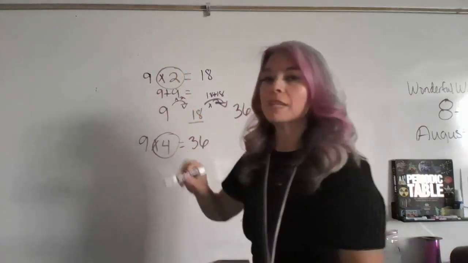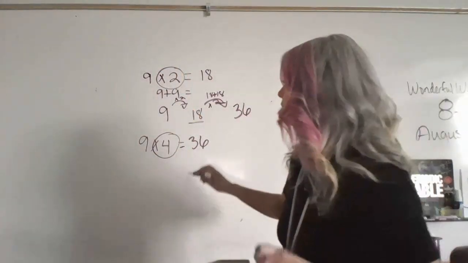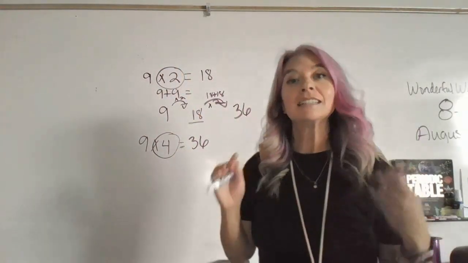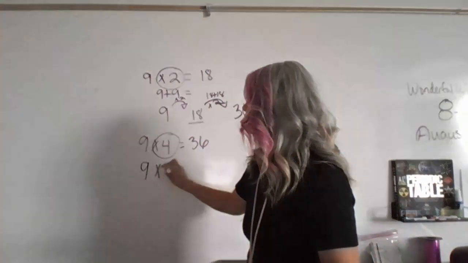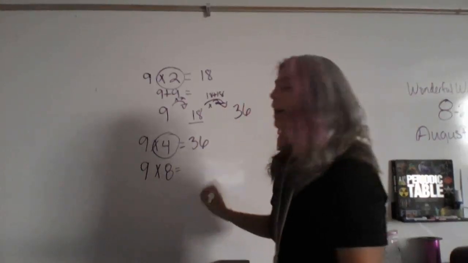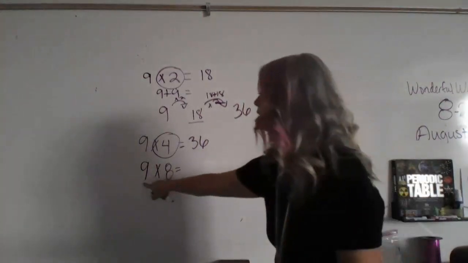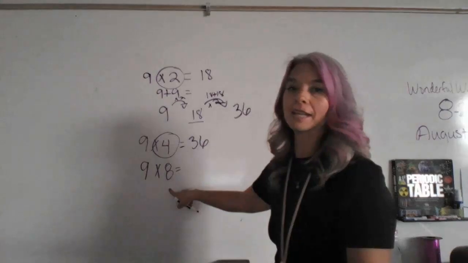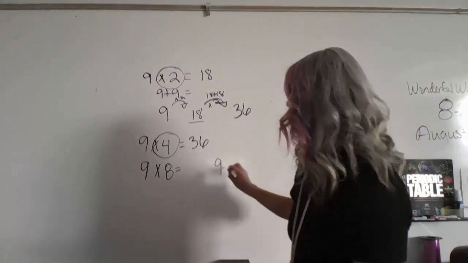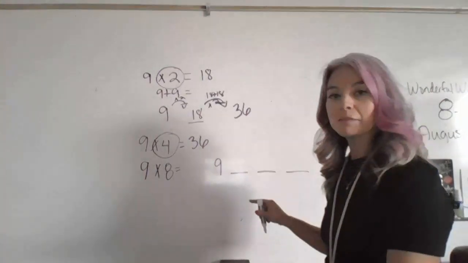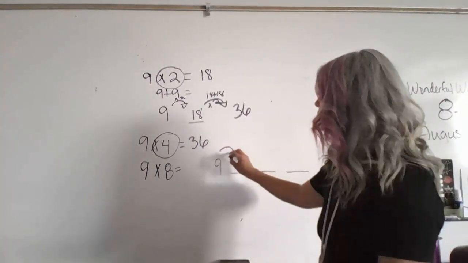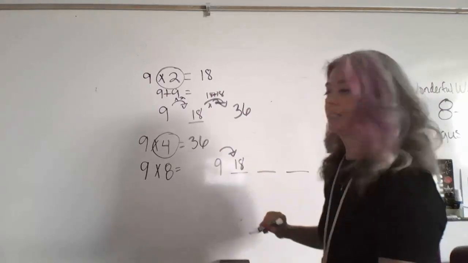If I am multiplying times 8, then that strategy is called double, double, double. So if I have 9 times 8, I'm going to start with my 9. That's the digit I'm multiplying by 8. I'm going to make 3 blanks because that's how many times I'm going to double 9. I take 9 and double it to 18.